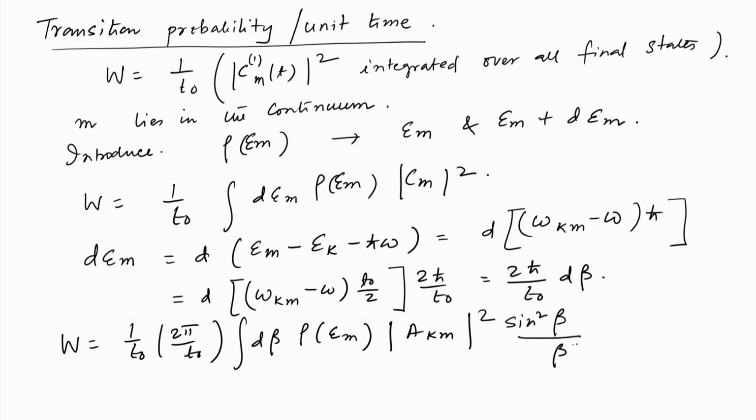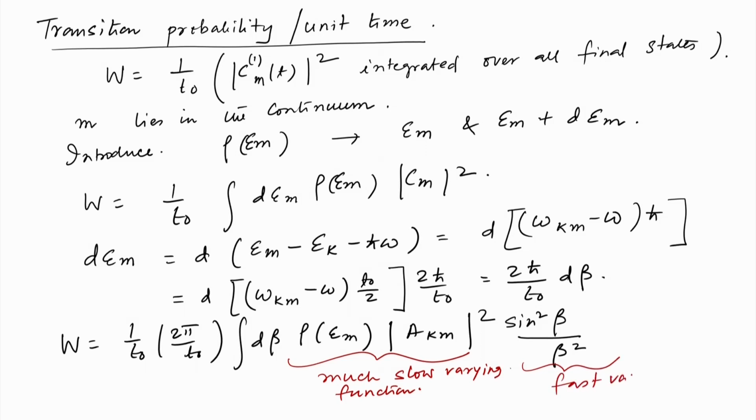It is multiplied by sin²β/β². So, this is a much slowly varying function as compared to this, which is a fast varying function. Okay. So, this is what it is.